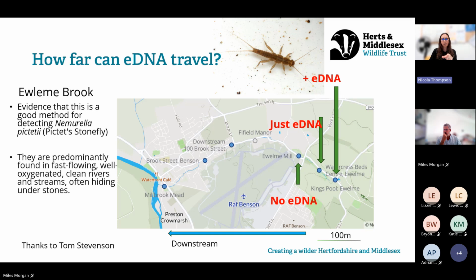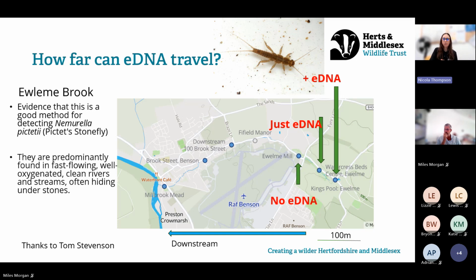So those blue dots we sampled, and the grey dot is an old riverfly site. We found the picket stonefly DNA at the top site where it is found in manual observations. It was also found in the next site just downstream, but after that it wasn't found. So this is showing us how far this DNA is traveling.